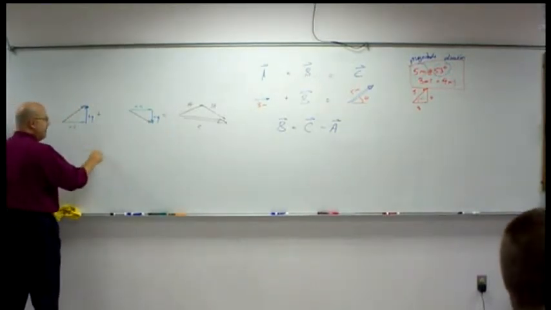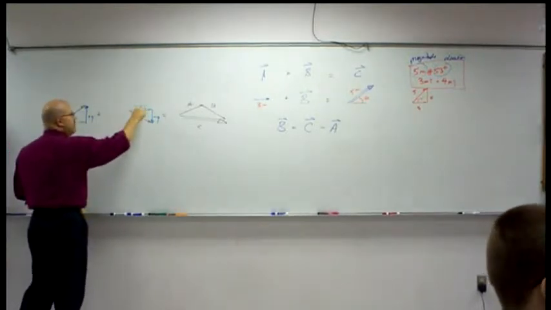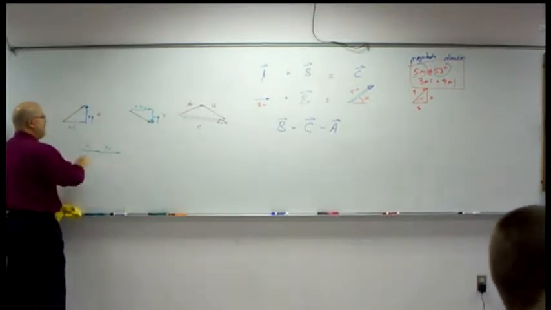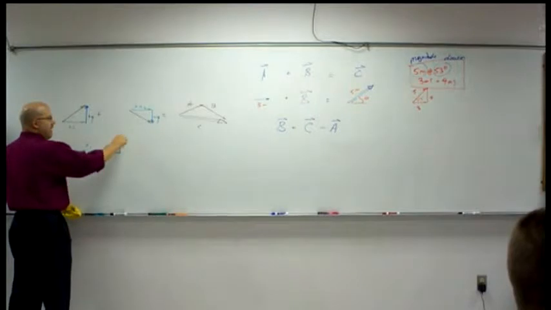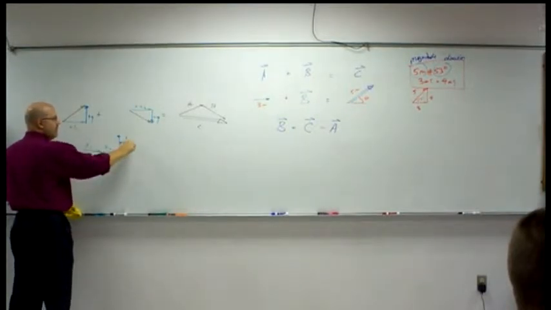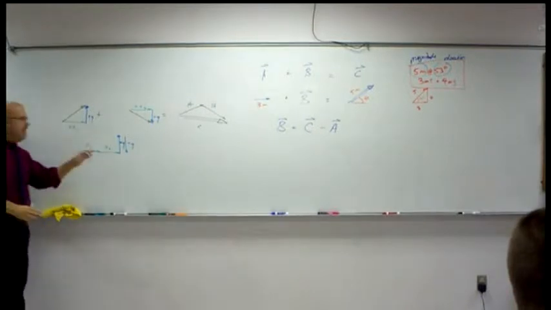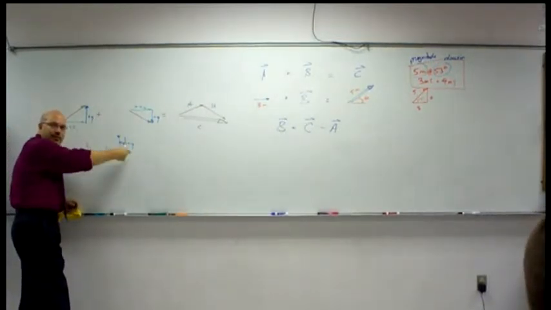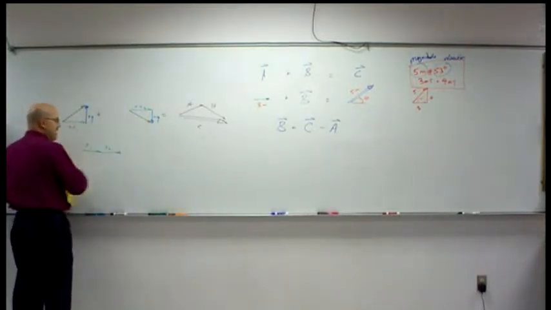So I'm going to end up with this piece plus this piece, our x1 and our x2, add them up. And then I'm going to have a positive y, and then a negative y, right? My diagram isn't exactly right over here, but I'm going to end up with a little side over here, because the y components subtract from each other, and I'm going to end up with something small, something like that.